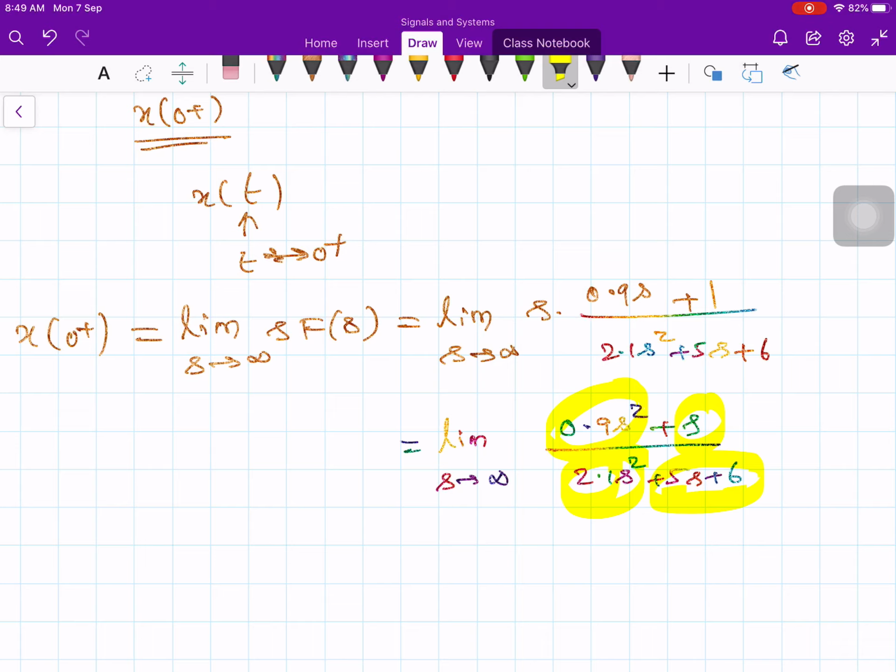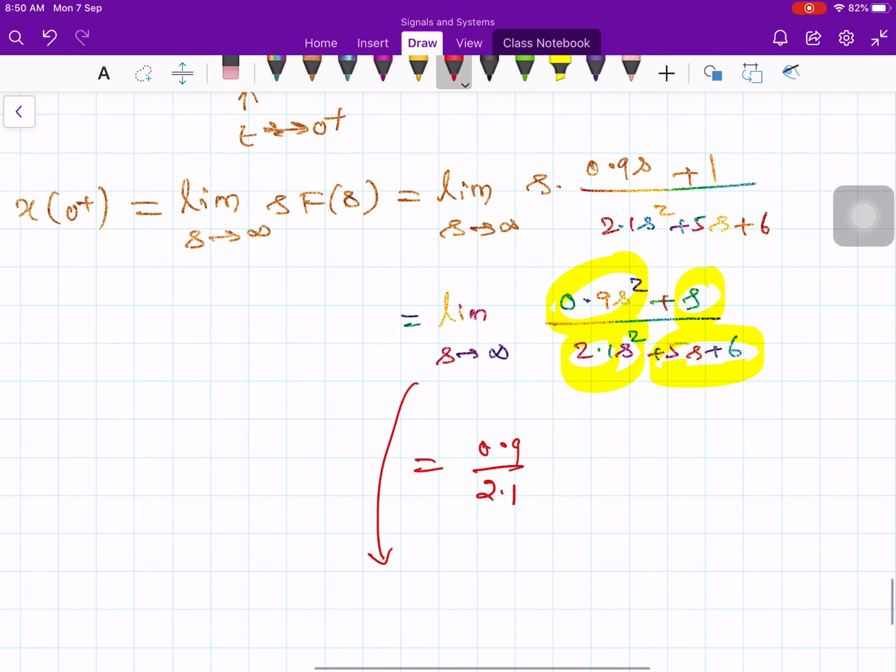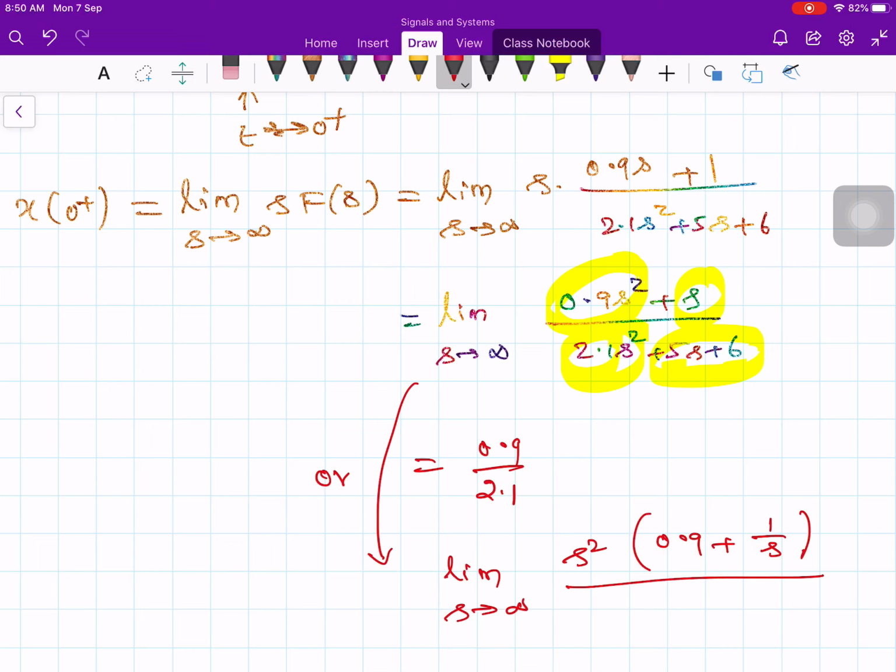So this will be equal to 0.9 divided by 2.1. Or if you want to do it mathematically, then the limit as s goes to infinity, you take s squared commonly: (0.9 + 1 over s) divided by, here also you take s squared, (2.1 + 5 by s + 6 by s squared).